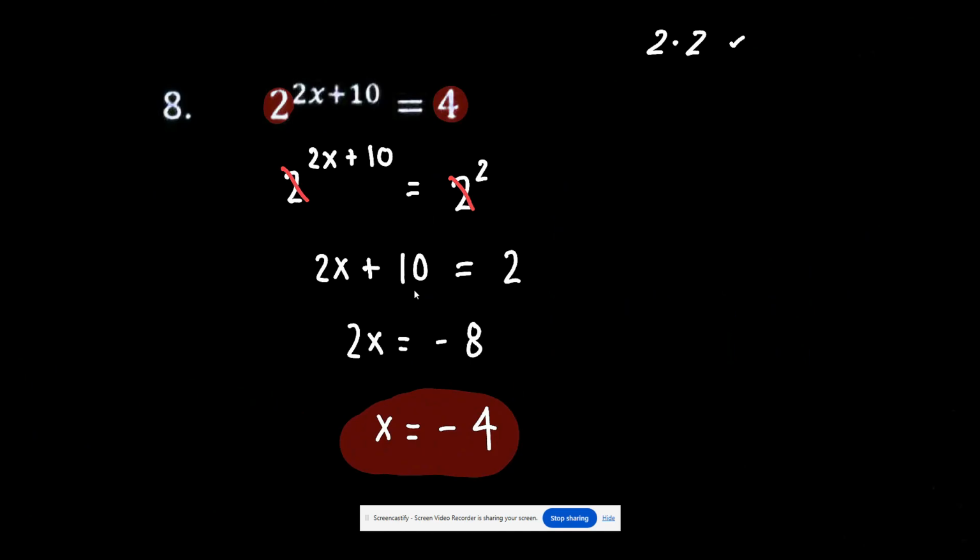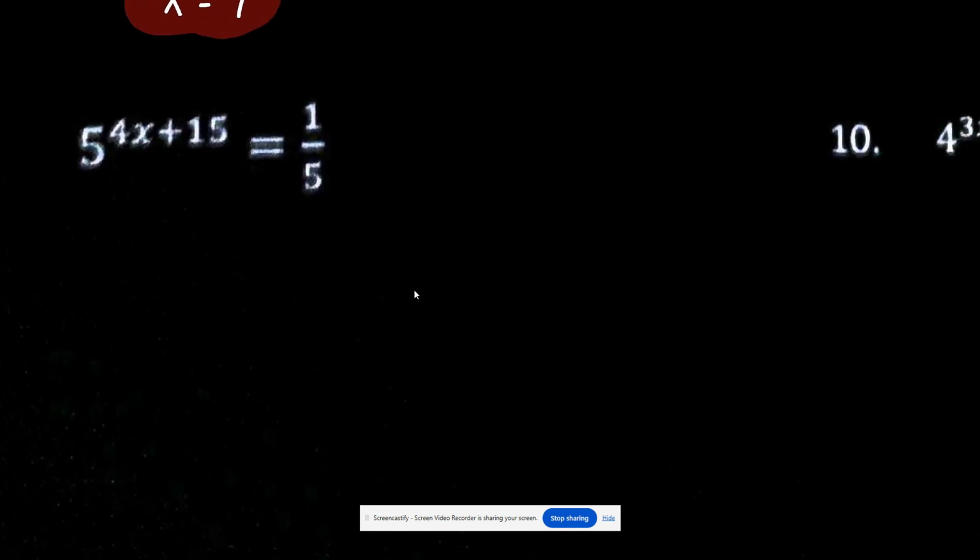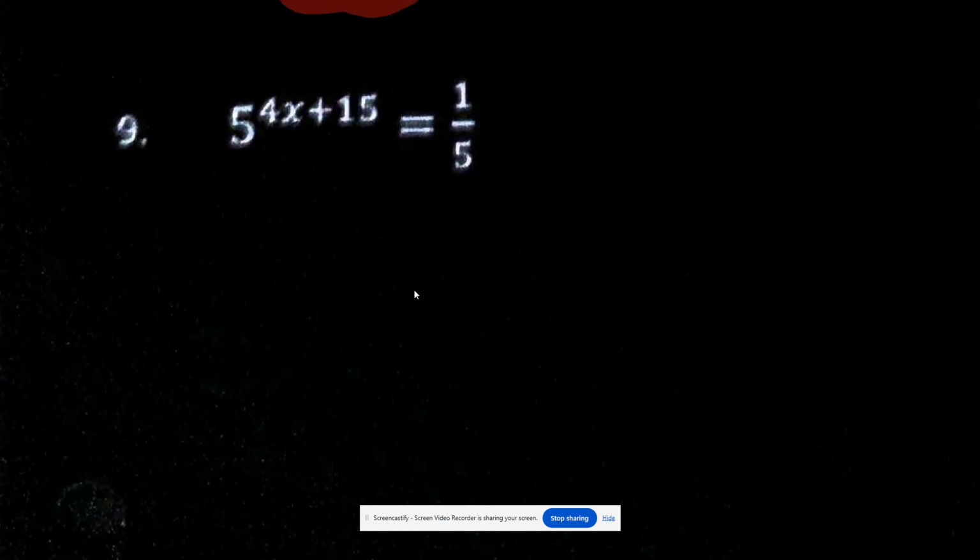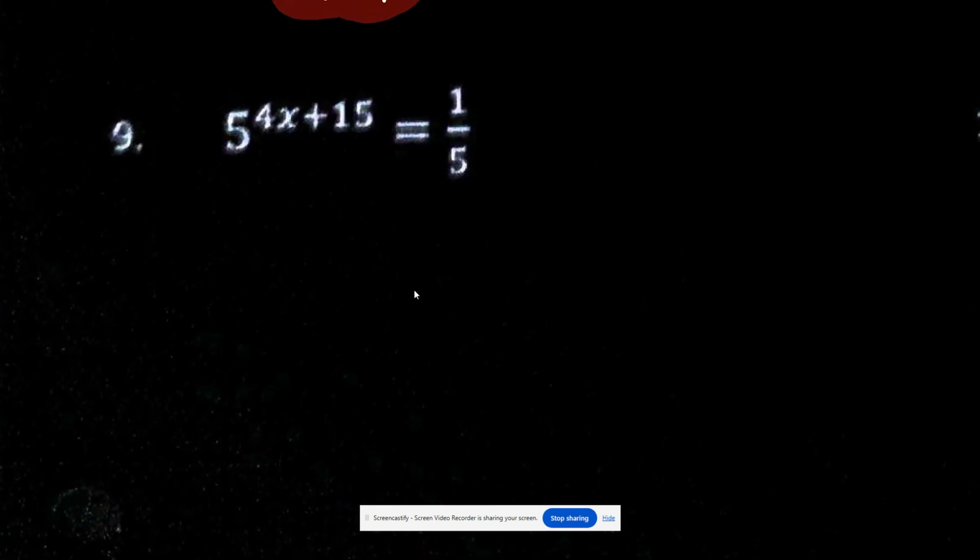All right, moving along. Let's scroll down here to number 9. Very similar to that last one, except look at my bases. This one I have a base of 5. This one I have a base of 1/5. Now, obviously, you notice it has the 5, right? But those aren't the same bases, right? Look, this one's a fraction.